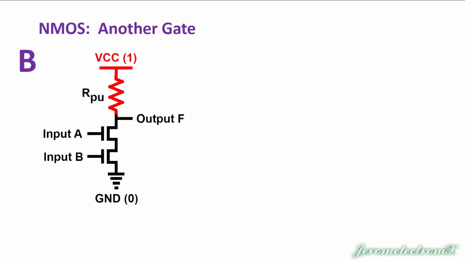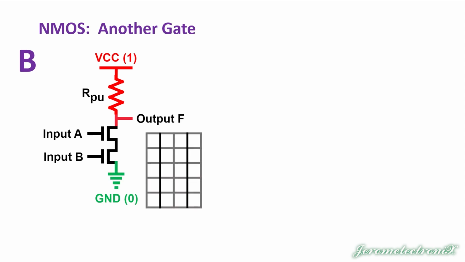Pressure from VCC is flowing down, so the output, when the gates are in their normal position, will be a 1. And the ground on the bottom is a source of low voltage, and it's blocked because we haven't identified the gates as open or closed.